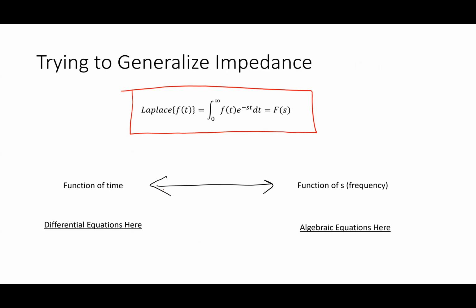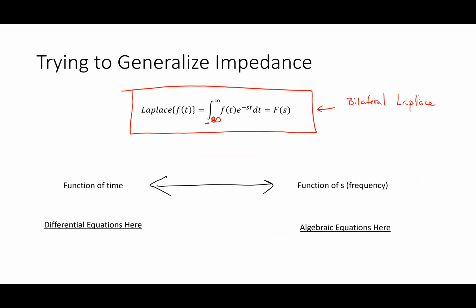All right, so we have this idea of, to try to generalize impedance, we made use of the, and I'm gonna just make a quick note here, the way that I did this the other day, I defined this to go from negative infinity to infinity. Turns out there's actually two ways to define it. One thing I'm going to define here is I should really call this, and I'm not going to get into the math of this, the bilateral Laplace transform.